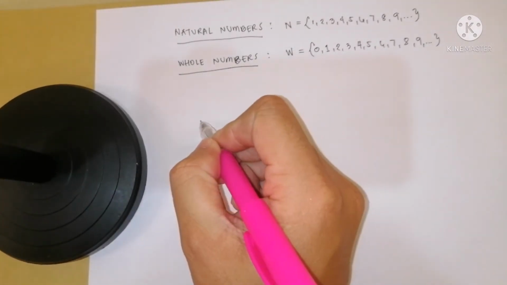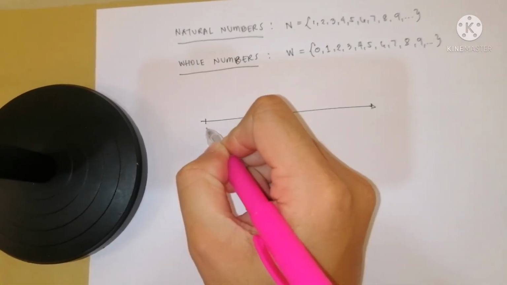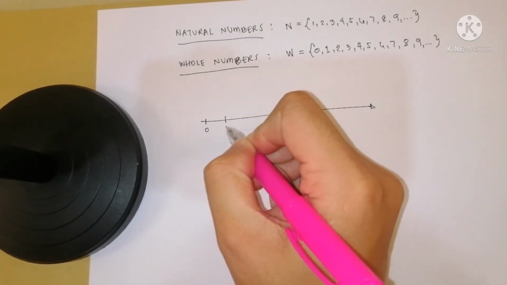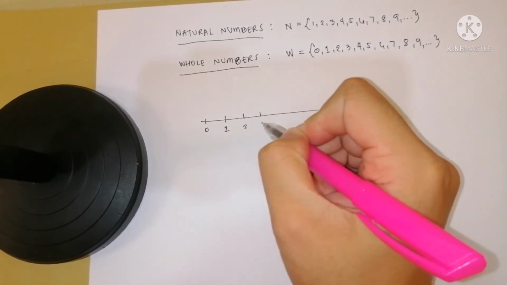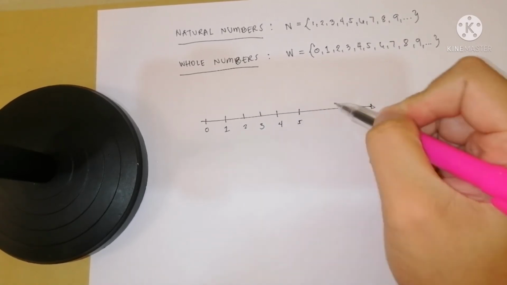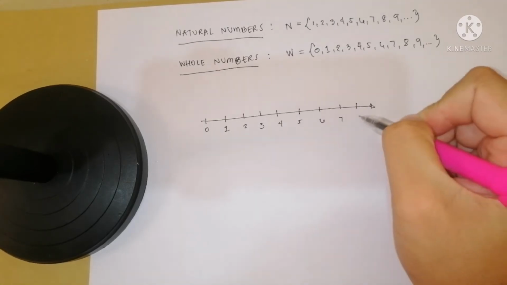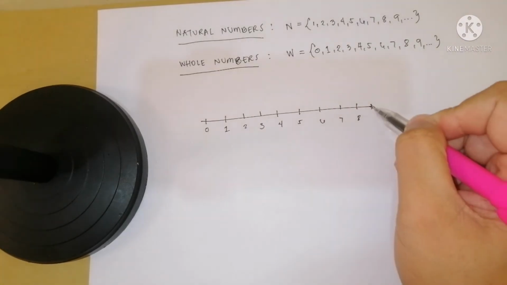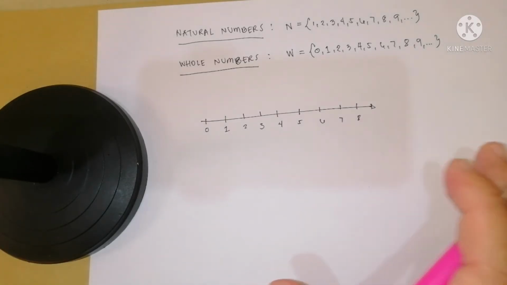If we use the number line here, we begin from 0, we proceed to 1, 2, 3, 4, 5, 6, 7, 8, and the arrow pertains to the words "and so on," or infinity itself.